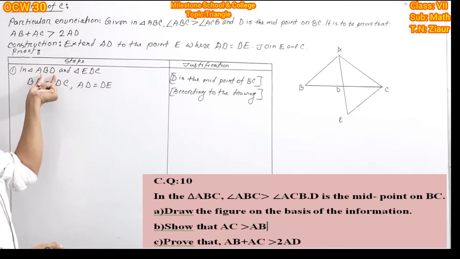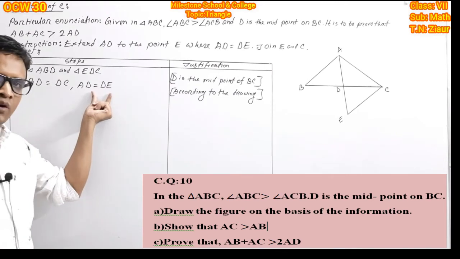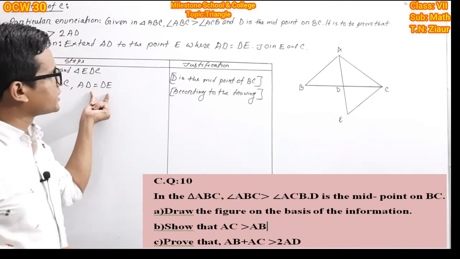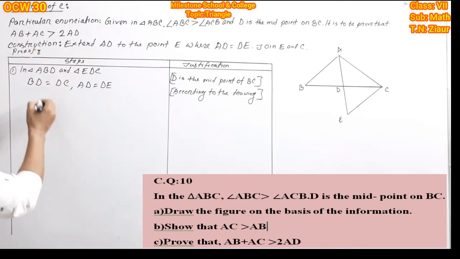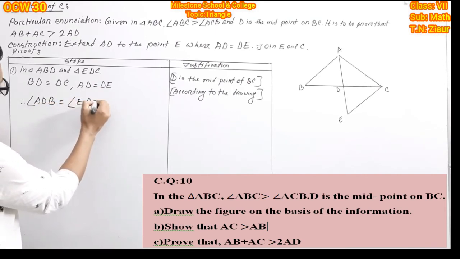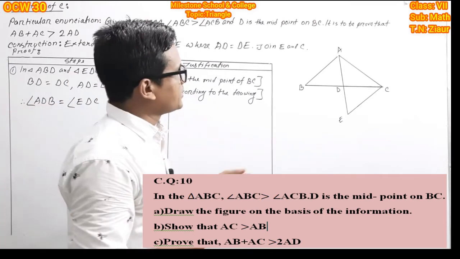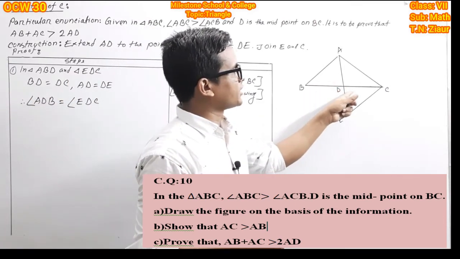So in triangles ABD and EDC, these two sides are equal. Already we have proved, right? Two sides are equal. And the included angle here, angle ADB equals angle EDC. Can I write like this? Why is it equal? In class 6 you have learned this is a vertically opposite angle, right?